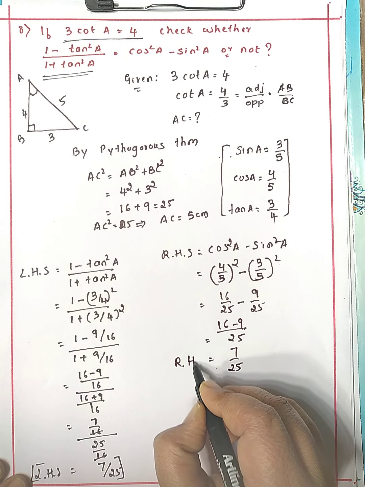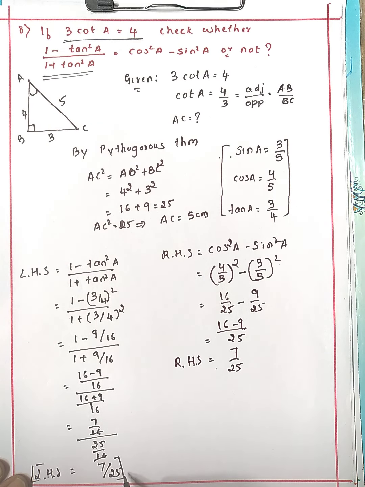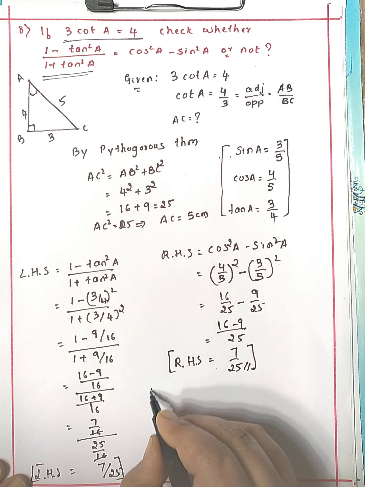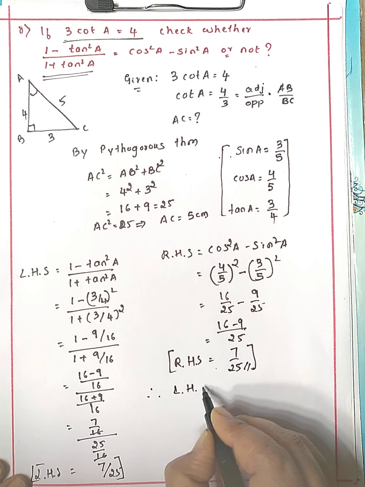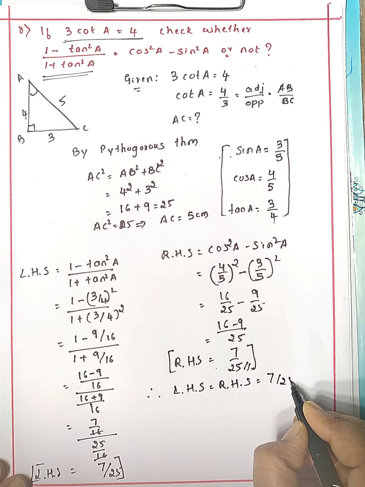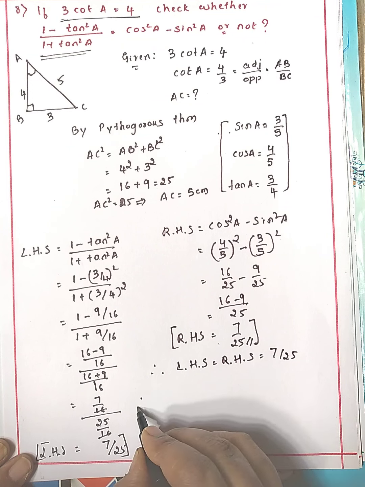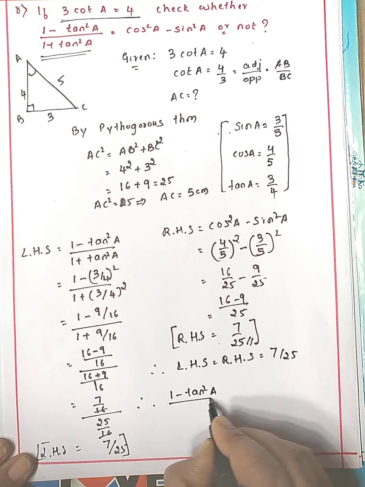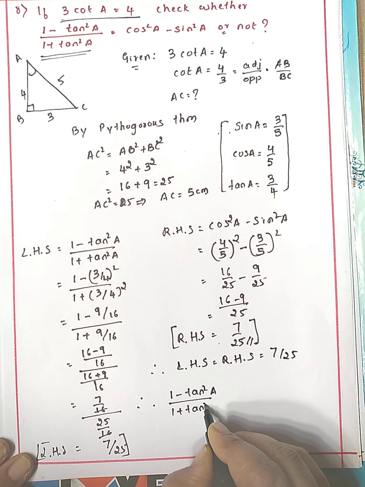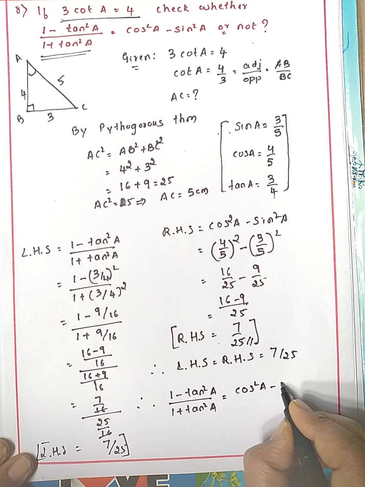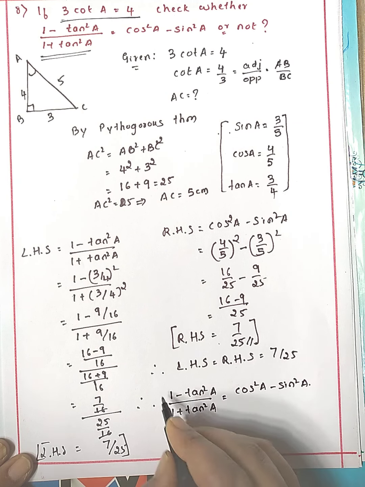This is RHS. We have proved that LHS is 7 by 25 and RHS is also 7 by 25. Therefore, LHS equal to RHS equal to 7 by 25. Therefore, 1 minus tan square A upon 1 plus tan square A equal to cos square A minus sin square A.